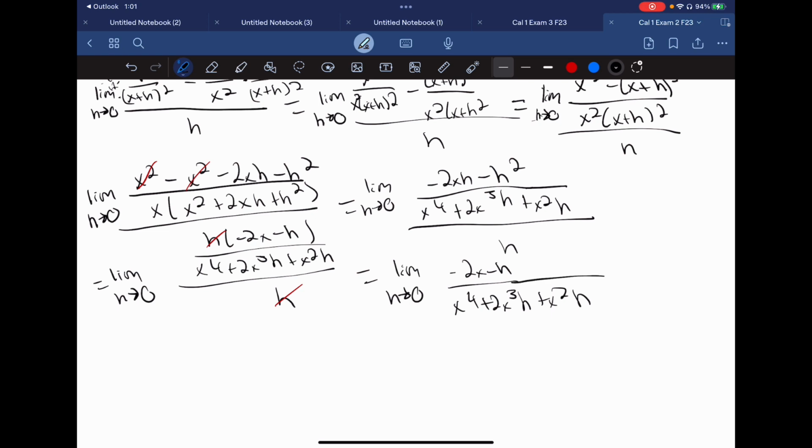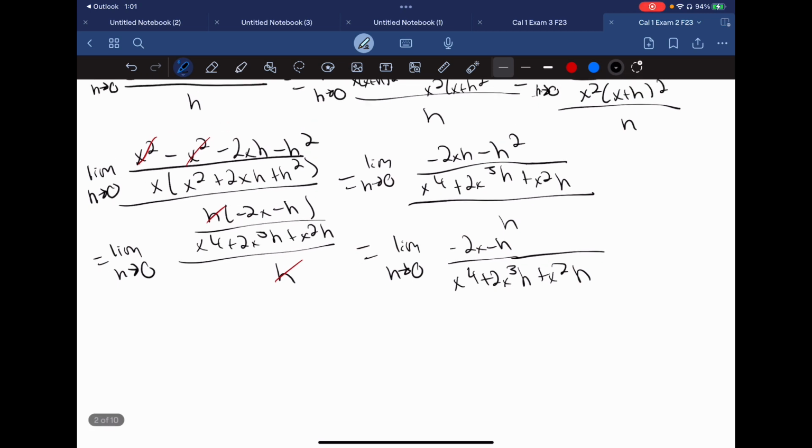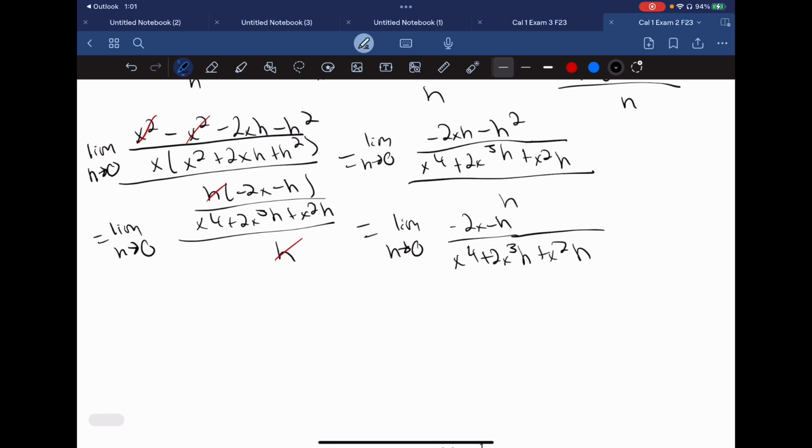Now, since it's no longer going to be indeterminate, we can finally sub h in, so that's going to be negative 2x minus 0 over 0 to the fourth plus 2x cubed times 0, plus x squared times 0.